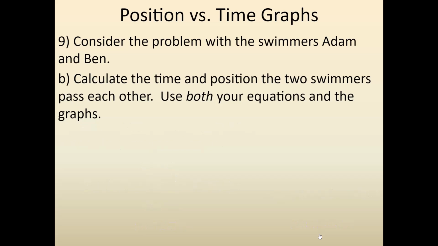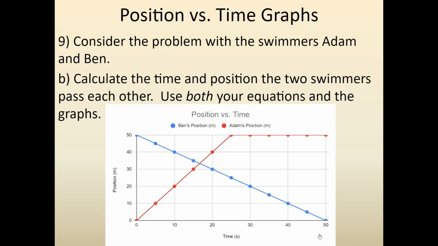All right. Now, as far as using the graph, we're gonna, like I said, pretty much do the same thing. We're gonna take our graphs, and I had mentioned that you can overlay them onto the same graph, which is what we have here. So I had to change the graph a little bit for them. In particular, Adam ended up covering more distance much quicker, and technically his graph would actually keep going on and on.